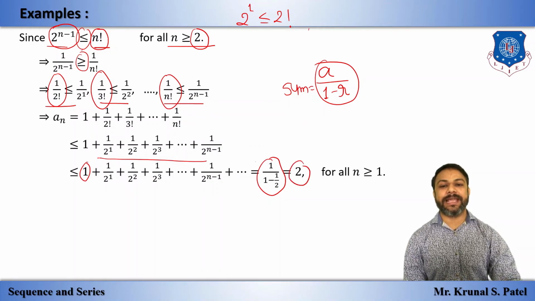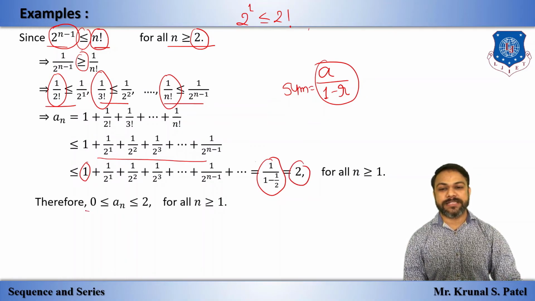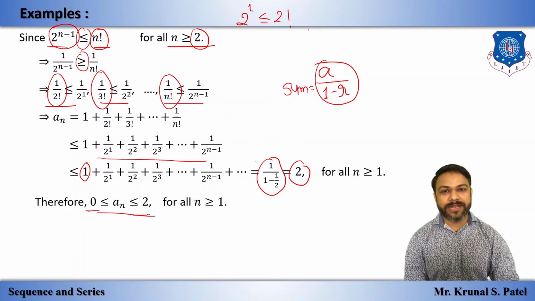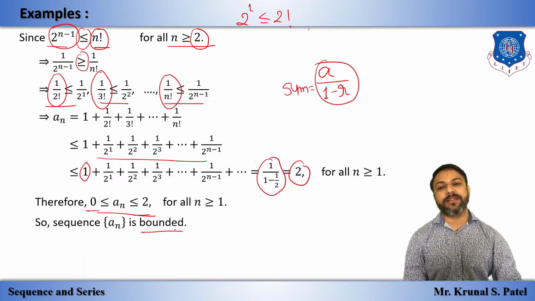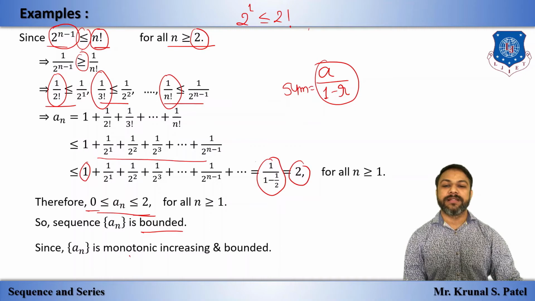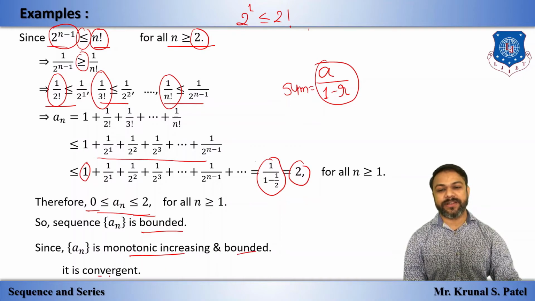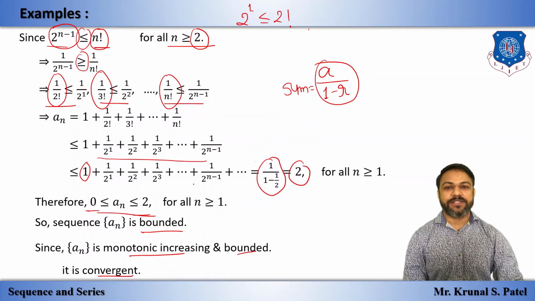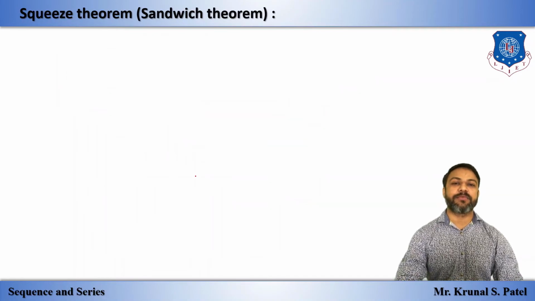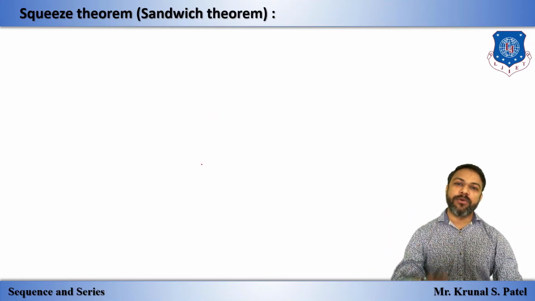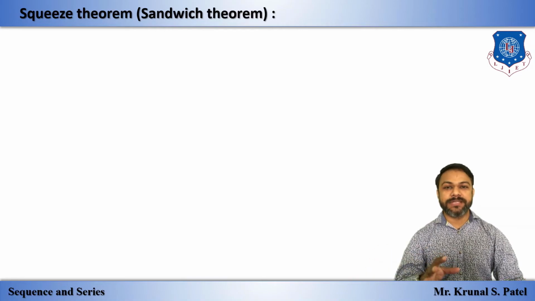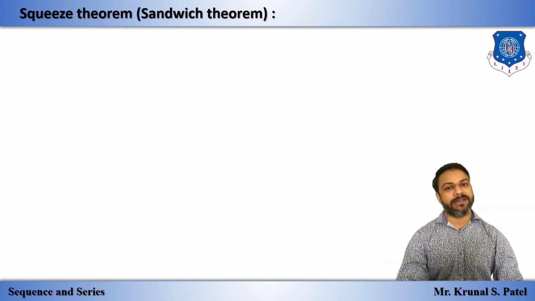So this a_n is bounded by 0 and 2. This is a bounded series, and we know that monotonic and bounded means it is convergent. So these are the concepts of monotonic and bounded, and from monotonic and bounded we can check convergence.